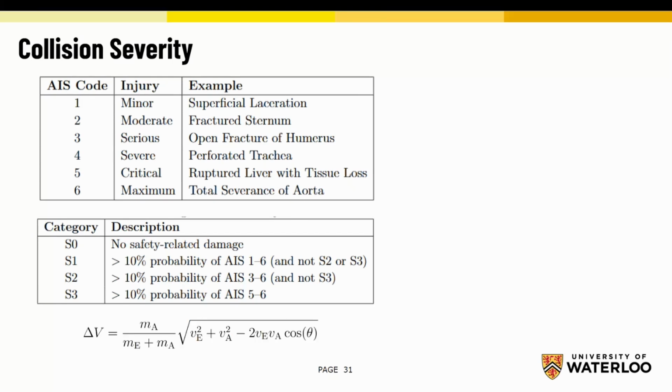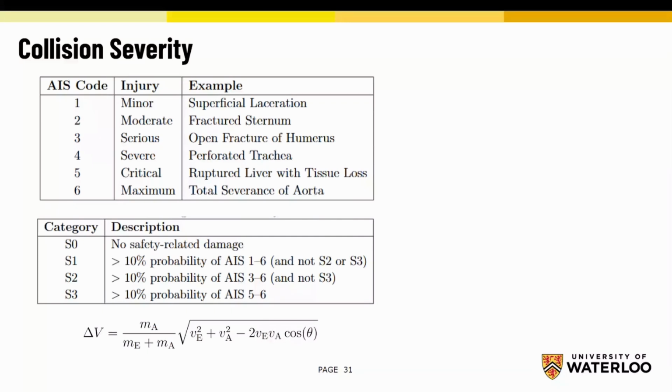In order to determine what kind of severity code you have, we have delta V thresholds. And delta V here refers to the speed before the collision compared to the speed after the collision. We use a ratio of the two vehicles' masses, as well as the impact angle, to determine what the speed is going to be at the end of it. And compared to prior work, we assume both vehicles are going to be of roughly the same mass.